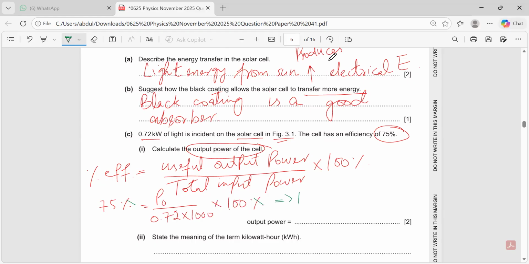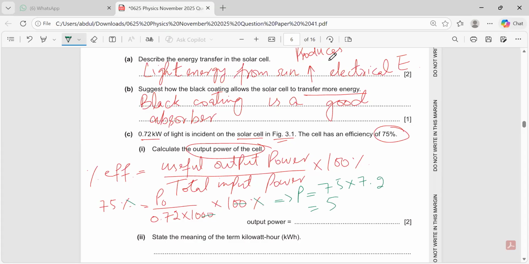So power is equal to, okay, these two zeros are cancelled with these two zeros. So power is equal to 75 times 7.2. You can use a calculator easily. You can get the answer. No need to do the way I'm doing, like 1000 and 100, two zeros cancel with two zeros. Even you can do it your own way. 75 times 7.2. Answer is 540.